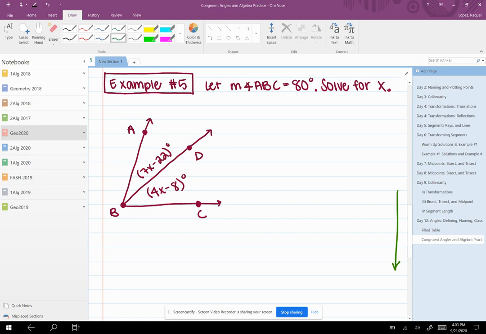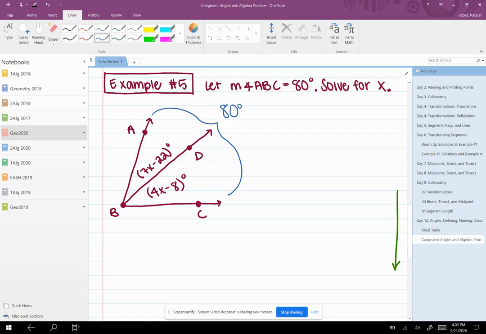For example 5, they're saying, let the measure of angle ABC equal 80 degrees. Solve for x. Remember, M and then the angle sign and the letters means the measure of the angle. The measure of that whole angle is 80 degrees. I'm going to mark that on my diagram as best as I can.